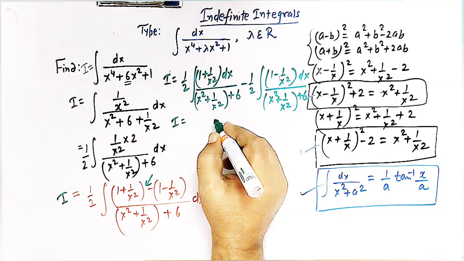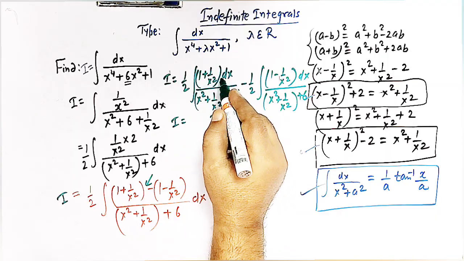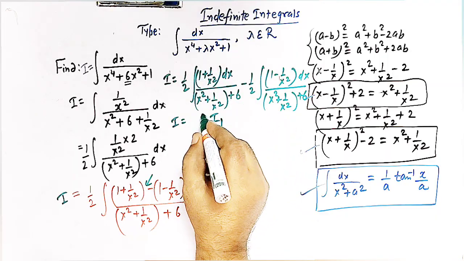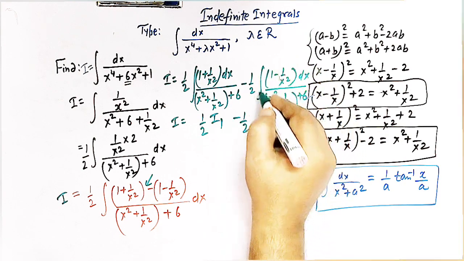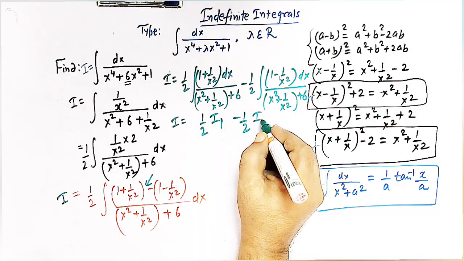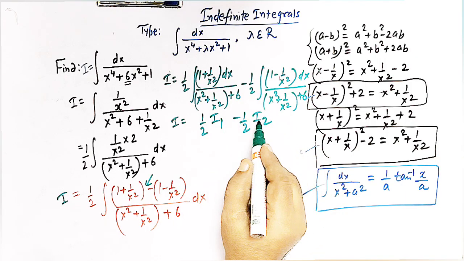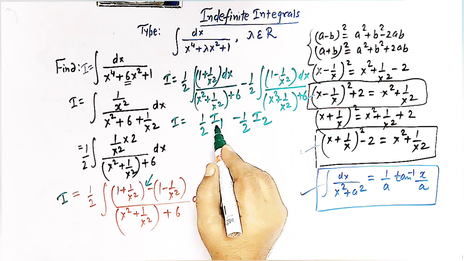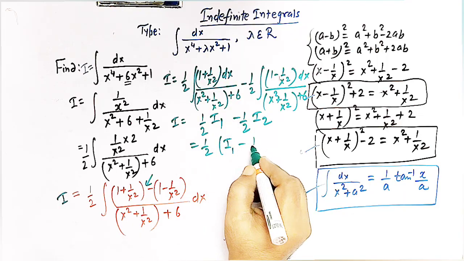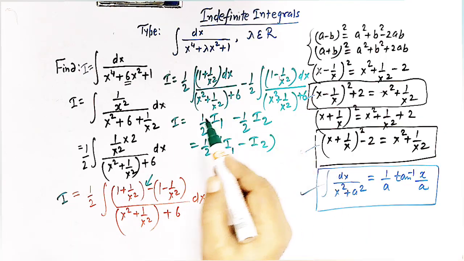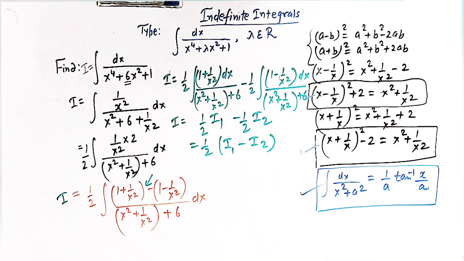So let us now call this integral I1, and this integral I2, and we can now write I is equal to half, I1 minus I2. So let us separately calculate I1 and I2.